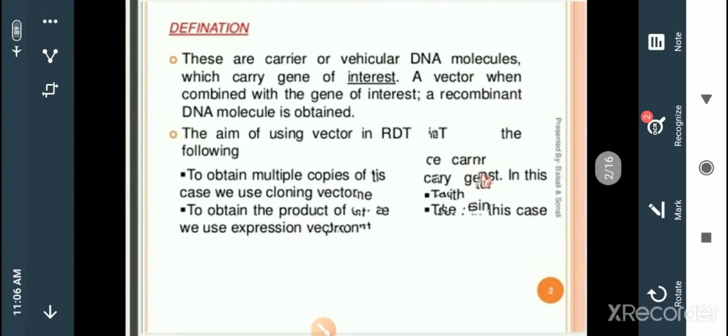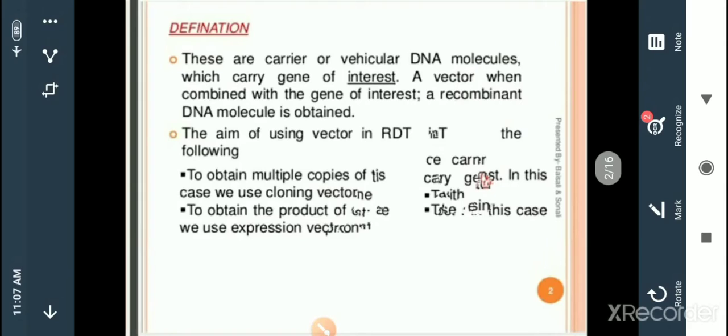So I just want to review these types of vectors. In the first session I discussed the definition and the different types of vectors. These are vehicular transporters which we can use to transport the organism's desired character from one individual to another individual.